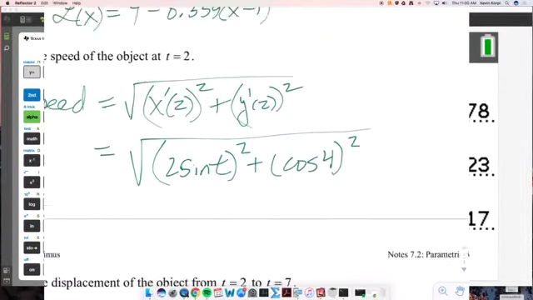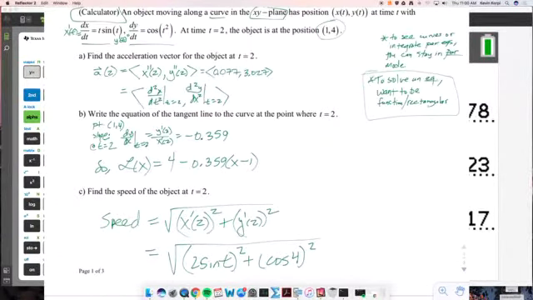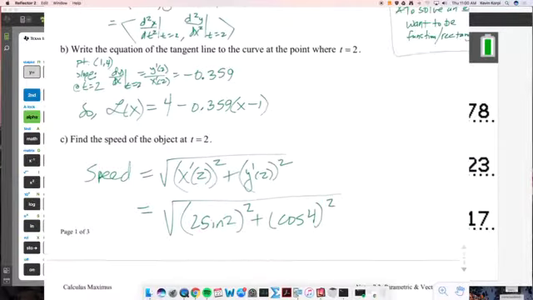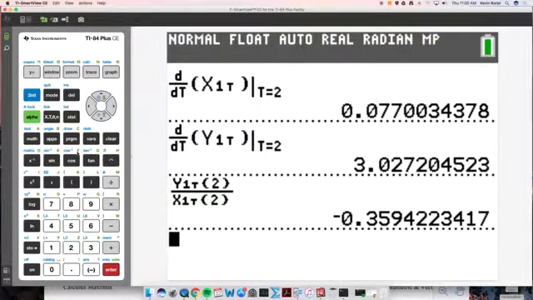Oh, yeah, 2 sine of 2, not t. Thank you. Yeah, my bad. 2 sine of 2 squared. So that would also work. Just because it's a calculator question doesn't mean you have to use your calculator, and you don't have to simplify necessarily. So that's probably a faster way to do it.